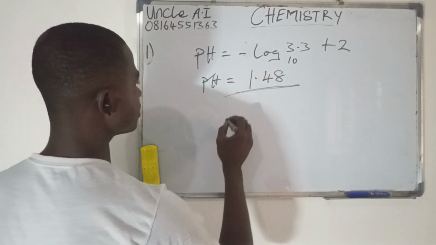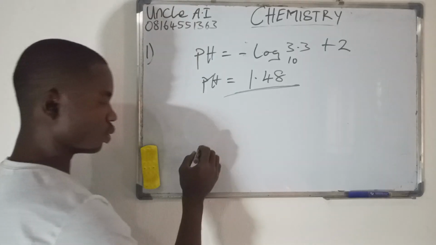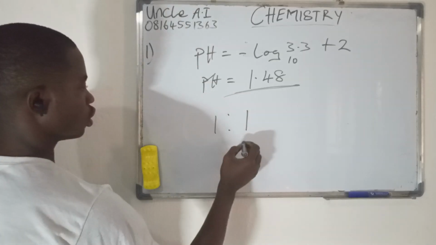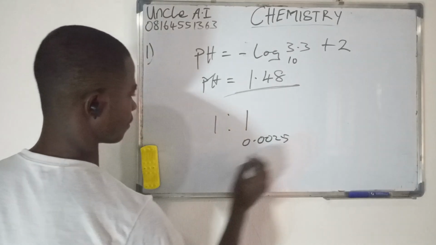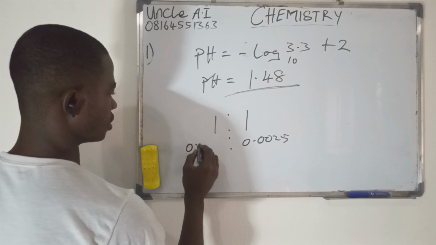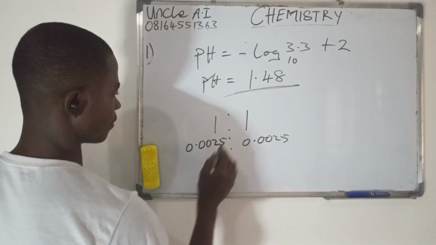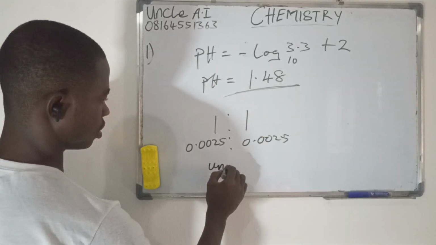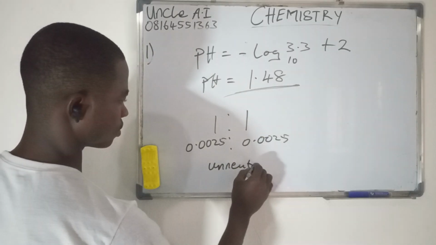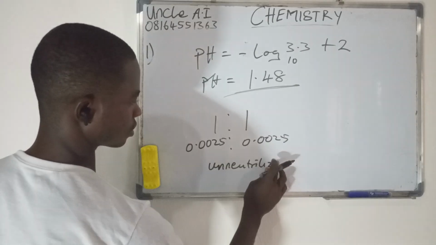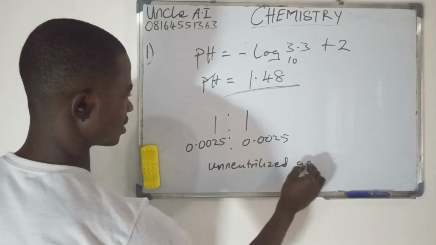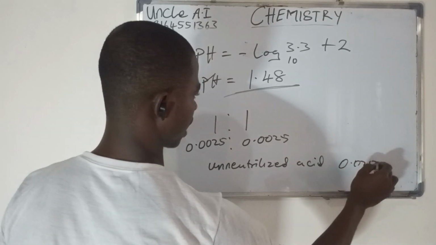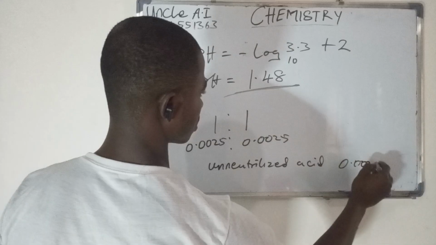Because since the ratio is 1:1, 0.0025 neutralized 0.0025 of acid, then the unneutralized acid was 0.0025.